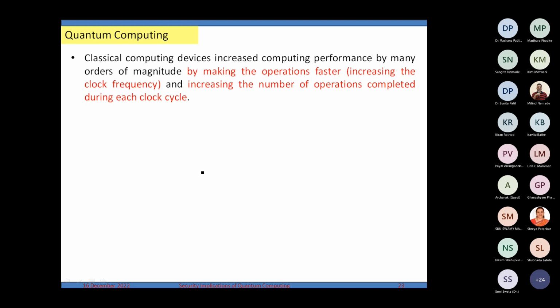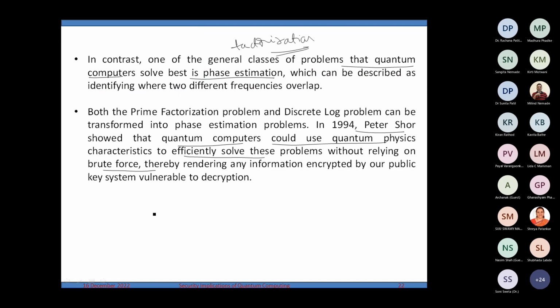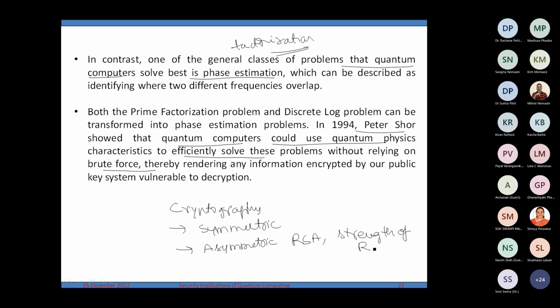I'll just quickly recap the quantum computing principles that perhaps you have learned in the past few days. So far, we spoke about cryptography, symmetric and asymmetric, especially RSA, its strength, and the main problem RSA is based upon.